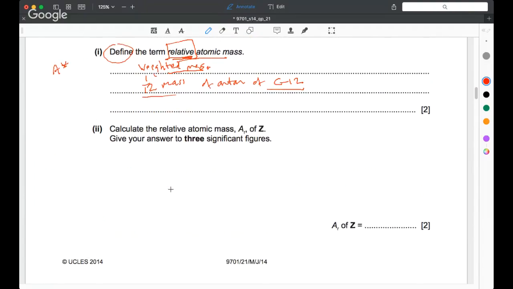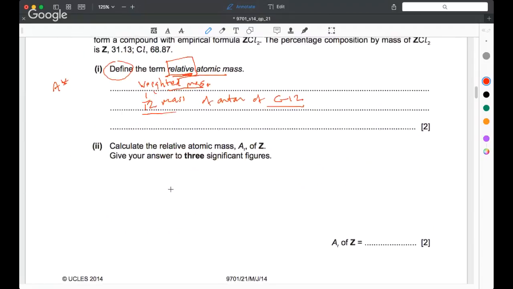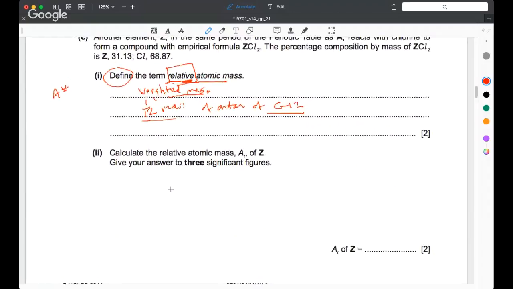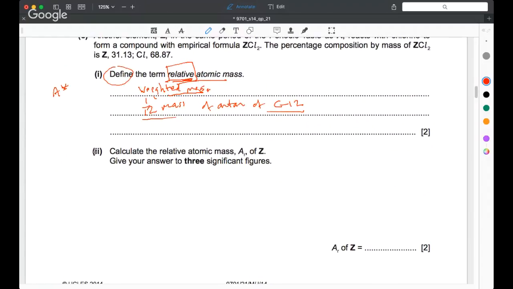Good, so now you've been through the definition, you've got to do a bit of a calculation here. The best way to think about this is that you've got this unknown element, and you know that it's in a compound with chlorine.